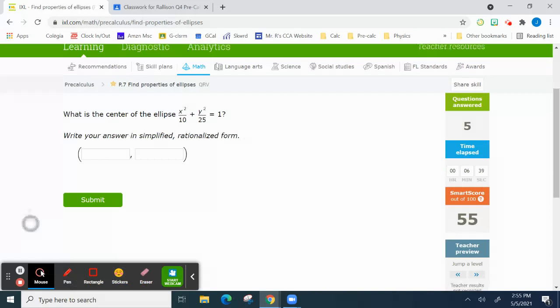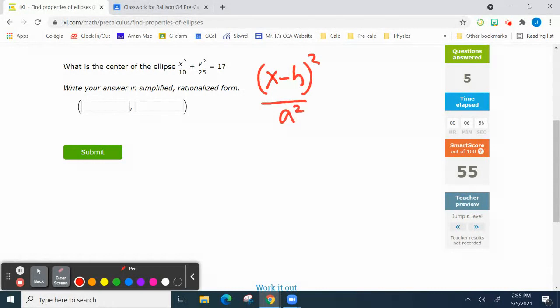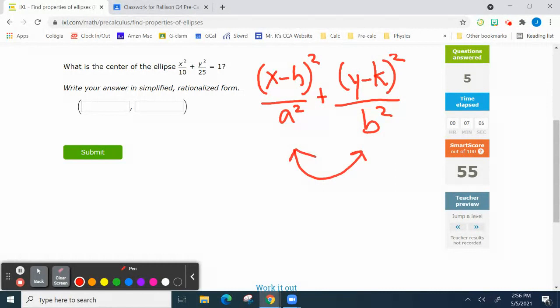Okay, let's see here. What is the center of that ellipse? Well, what is the formula for an ellipse? It's x minus h squared over a squared plus y minus k squared over b squared, and these, of course, can get switched, equals 1.